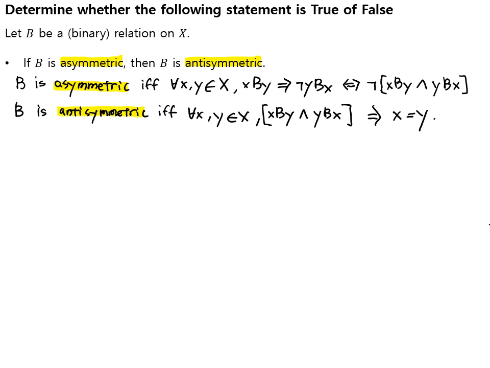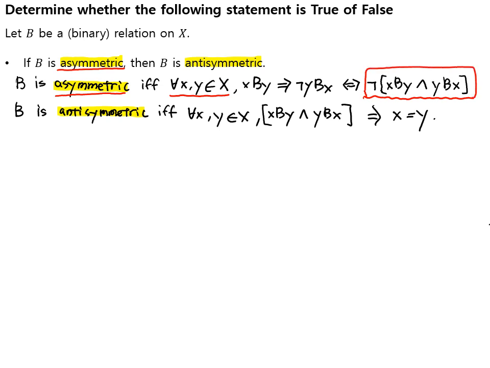The statement is: suppose that B is asymmetric. According to asymmetry, this implies that for all elements x and y, it is not the case that x is related to y and y is related to x.